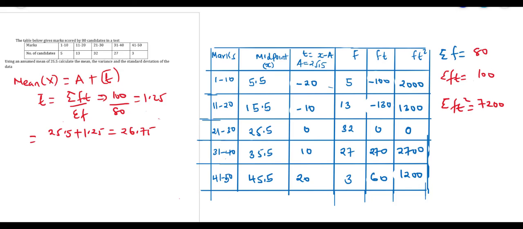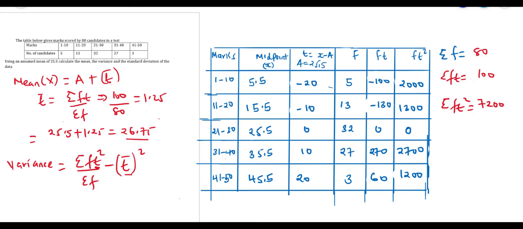The next question is getting the variance. Now the formula for finding the variance is summation of ft squared divided by the summation of f minus the mean of t squared. Now why are we not using the mean of x? Because here we have t, so we cannot use x here and at the same time use t. We are supposed to be consistent in the variables.